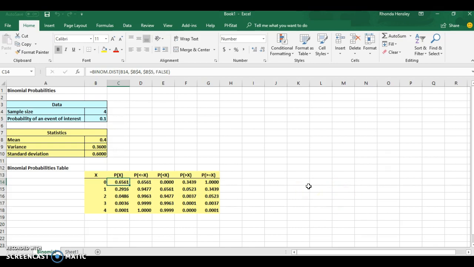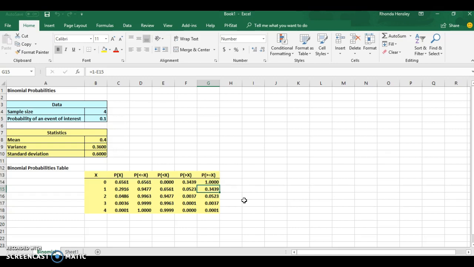If they ask you for the probability of more than 0, that's going to be right here in the table, 0.3439. You will also find that same number down here, it's the probability of 1 or more. So anyway, you should be able to find any probability you want right in this table. It's handy, it's easy. You of course can copy this whole thing and put it on your homework, and then just answer the questions below.